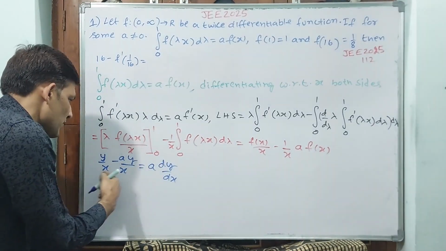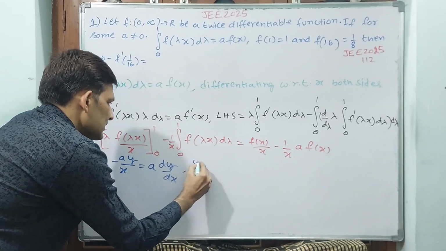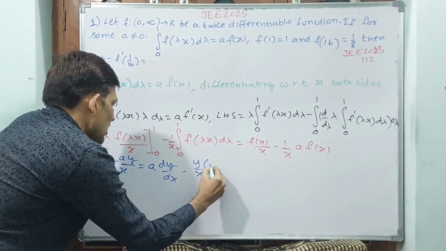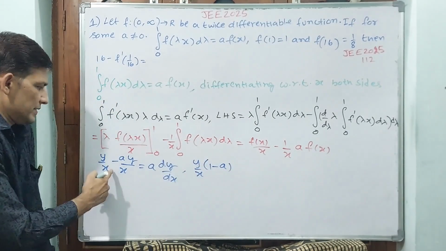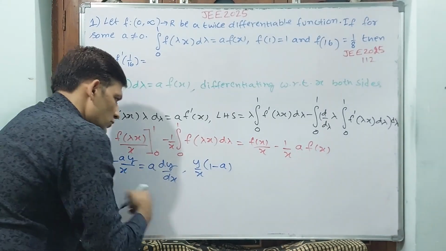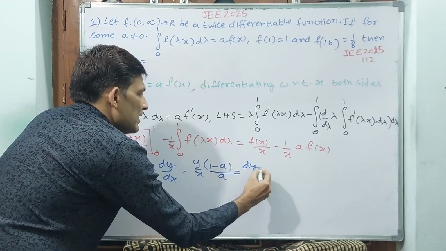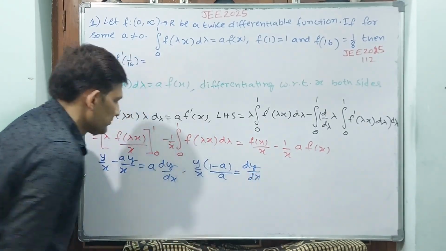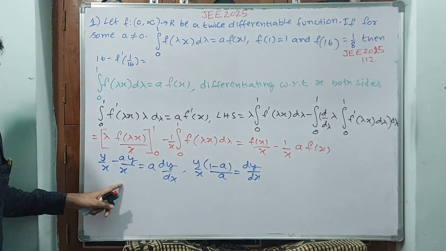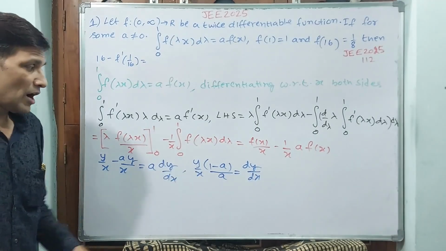Now see, I will take y by x common: y by x, if I take common, 1 minus A. And you send this side A is equal to dy by dx. This A I have also sent this side, after taking common only I have to do this.